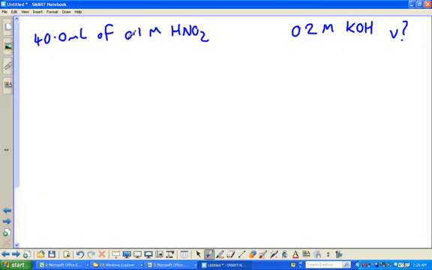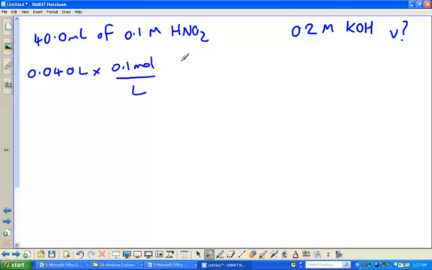So let's just convert this into moles. Now 40 mL in liters, because we're going to have to do that conversion, is 0.04 liters. Okay, everybody happy with that? 0.1 molar means 0.1 moles of HNO2 per liter.